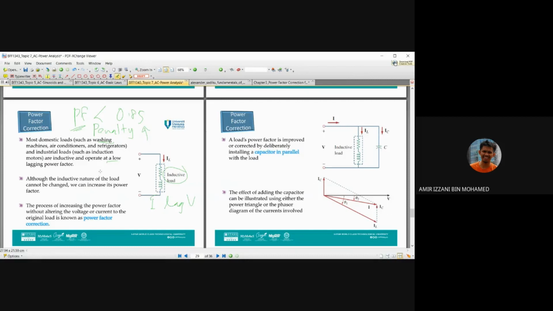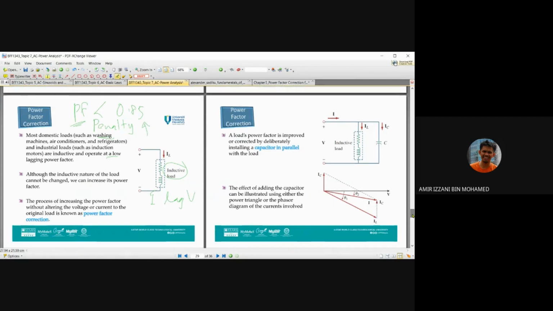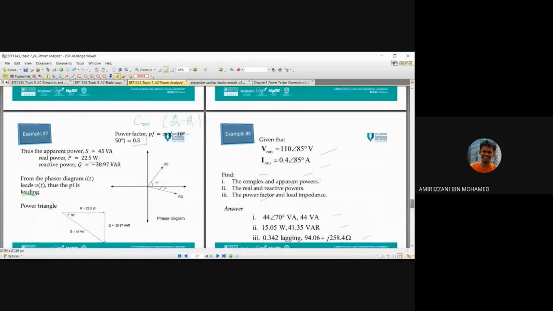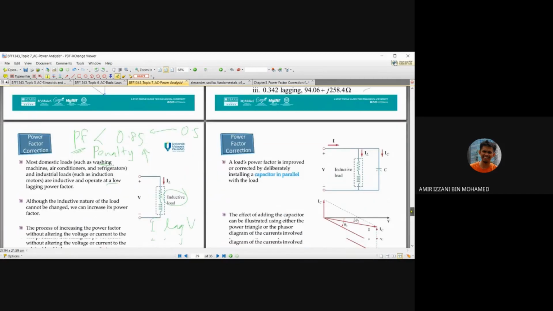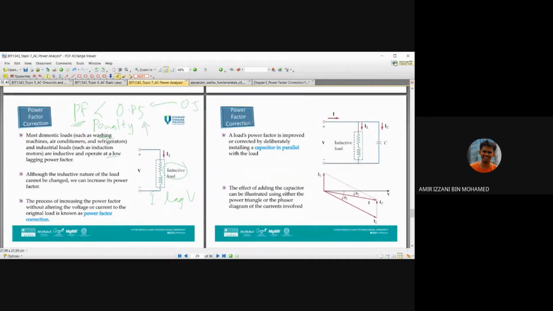So how to improve this is we need to bring the power factor up. For example, from the previous example where the power factor is only 0.5. This is very bad. How to bring this 0.5 to 0.85? We already know that if we put a capacitor back, the power factor will be leading.